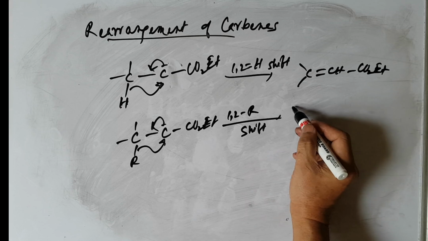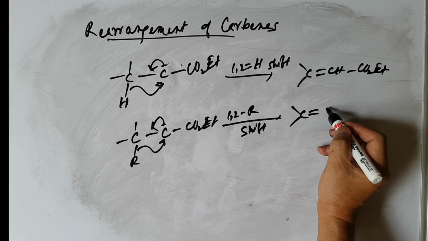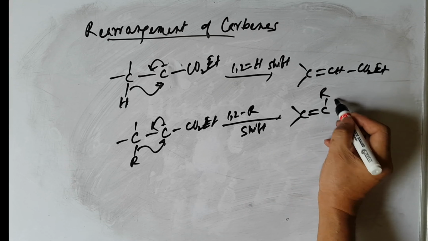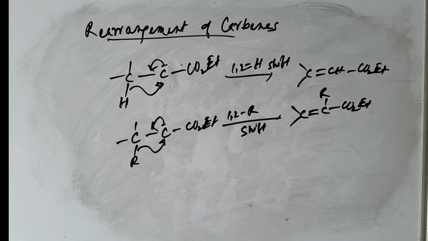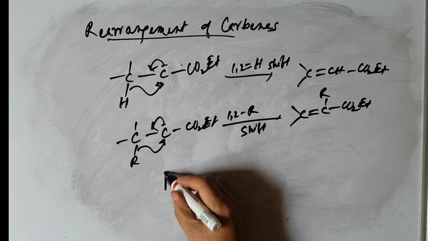So here you get the R-substituted alkene with CO2Et. So rearrangement can take place by migration of hydrogen or alkyl group. The most important rearrangement in the case of carbenes is the Arndt-Eistert synthesis.